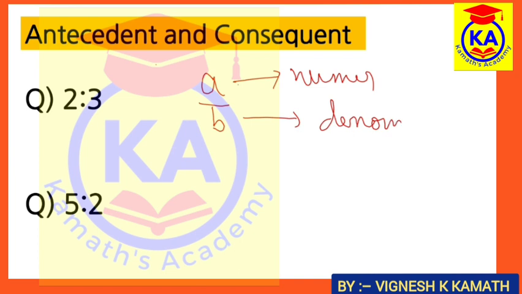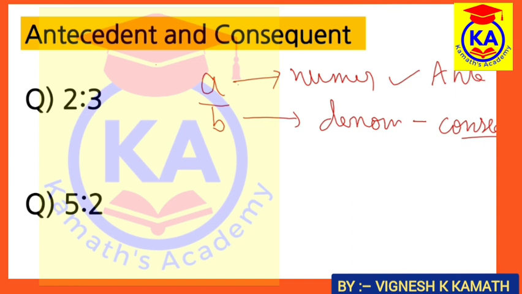Now the numerator part is called the antecedent and the denominator part is called the consequent. The numerator part of the fraction is the antecedent and the denominator part of the fraction is the consequent.